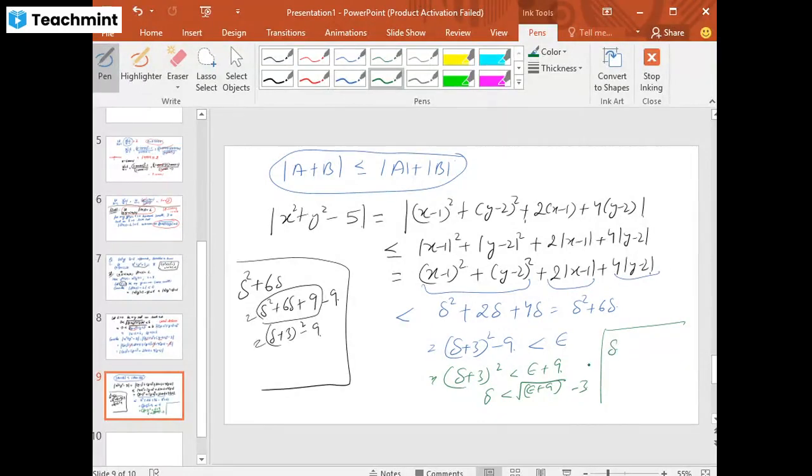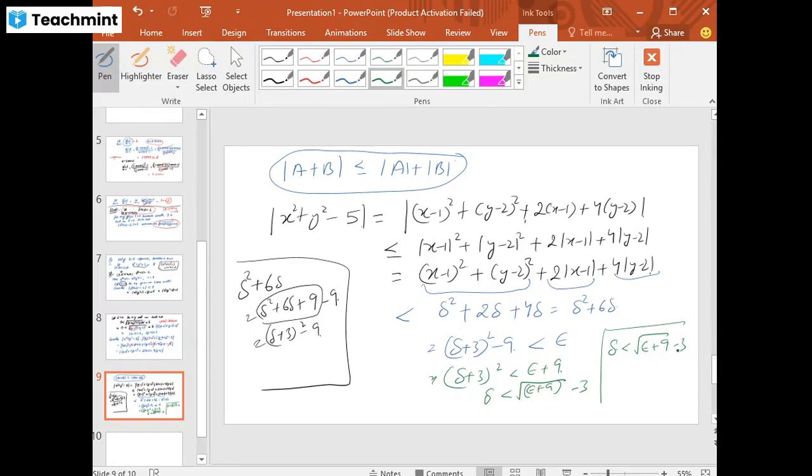Sometimes we write the sign of equality, or we can write less than also. So basically, the value of delta should be less than root of epsilon plus 9 minus 3, because epsilon is a very small number, so it is approximately 0. So 0 plus 9 is 9, and its root is 3.